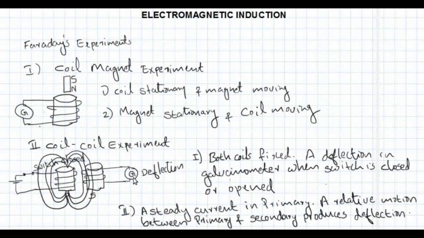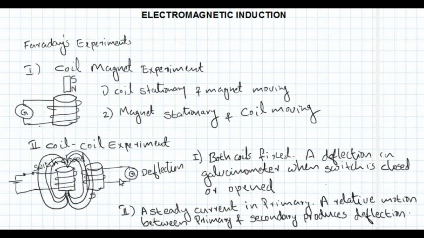When the secondary is being brought towards the primary, gradually the number of field lines coming in contact with the secondary increases, and then a current is produced. Or if we take this coil away, the number of field lines in contact with the secondary will decrease, and again there is a deflection.